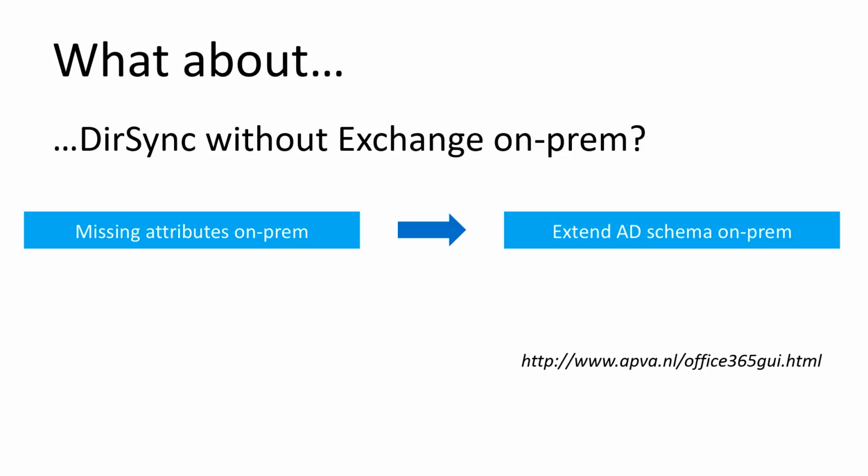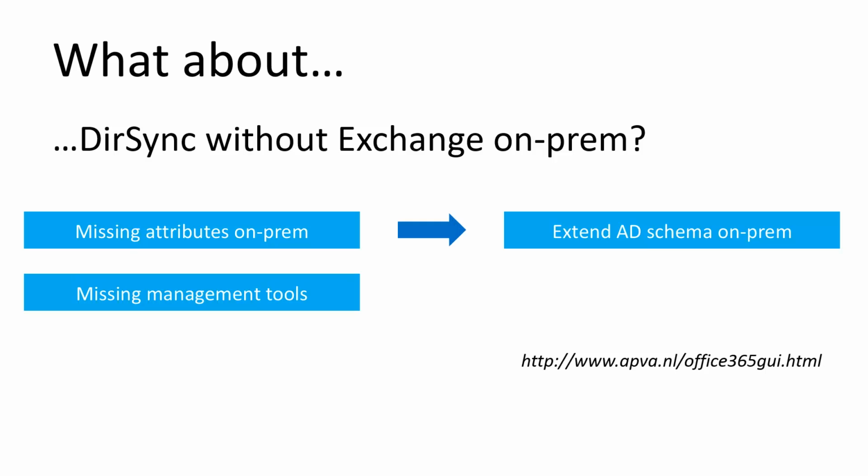It might be that you are running Lotus Notes, you move to Office 365 and you don't have Exchange on premises, but you still want to use DirSync. Well, you can do that, but then you should make sure that all the object attributes that you need to run directory synchronization are available on premises as well.